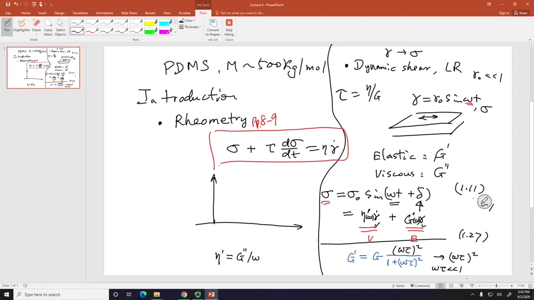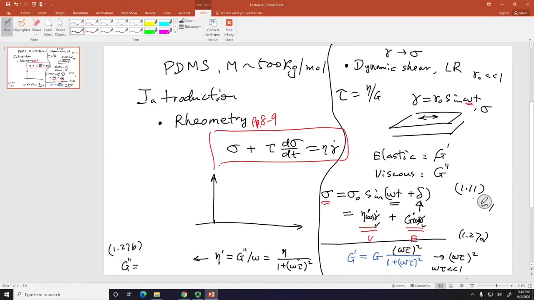Which is the same as saying what eta prime is, and therefore it also says what G double prime is, which is equation 127b, and this is 127a.